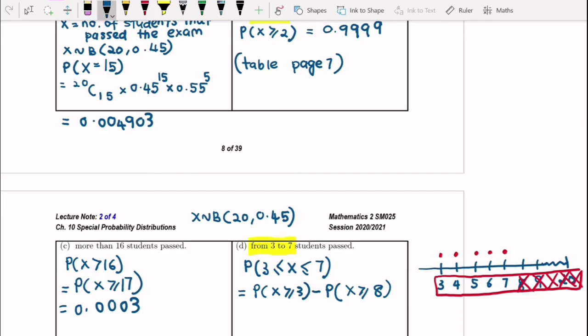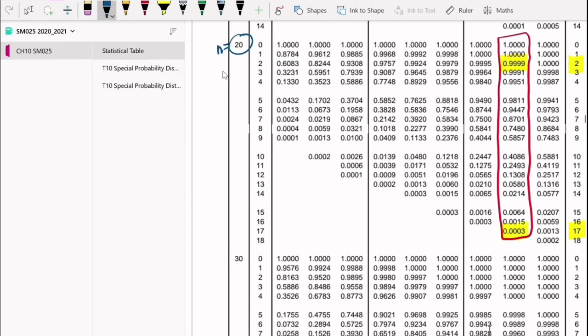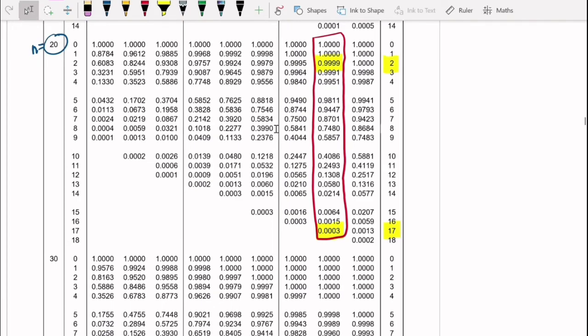So let's look at our table with n equals to 20, p equals to 0.45. We need to find probability x greater equals to 3, and probability x greater equals to 8.